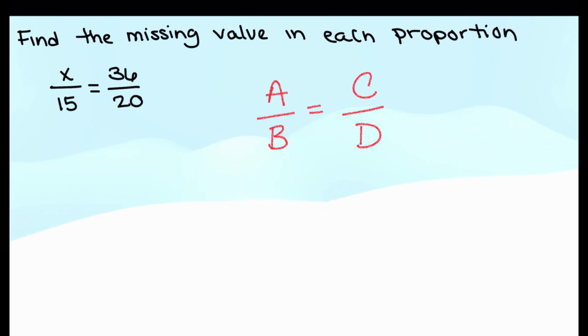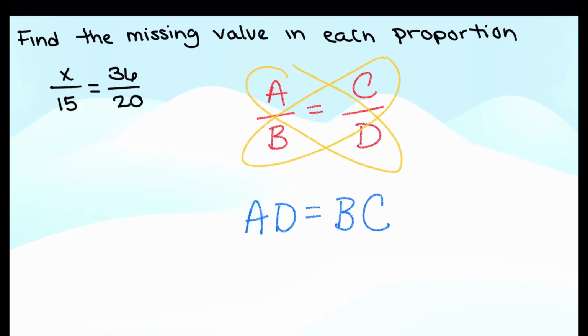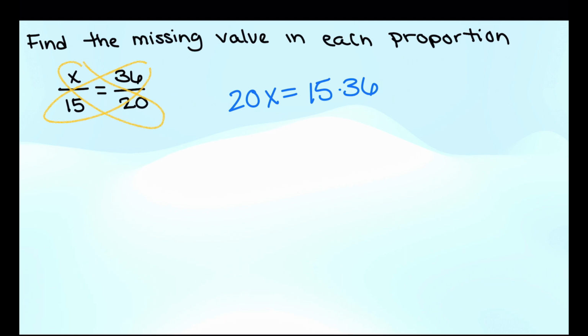So again, anytime we have a proportion, in generic terms, A is to B as C is to D, we can always set the cross products equal. We can say A times D equals B times C. So in this case, that would be x times 20, so 20x, equals 15 times 36.